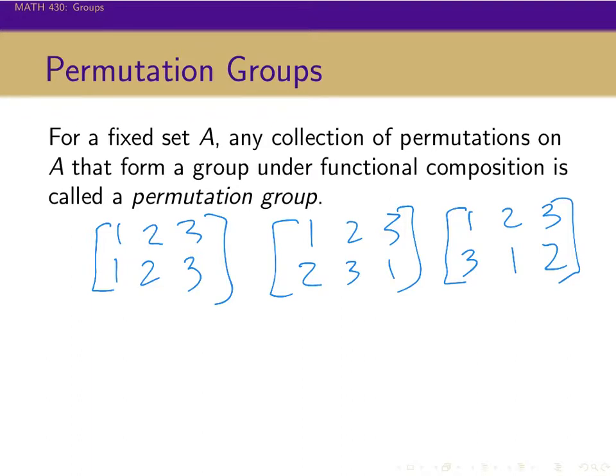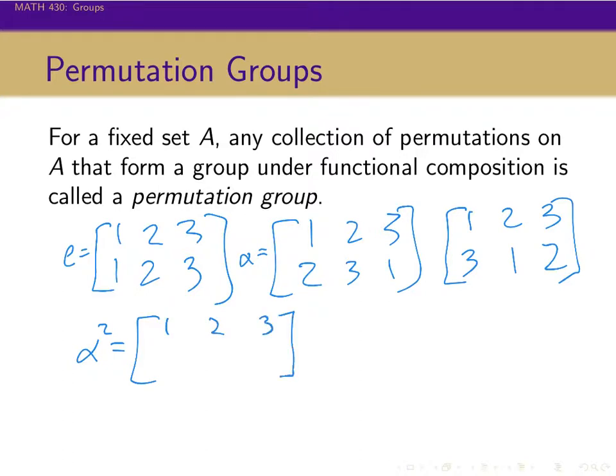In fact, if we apply, let's call the second one alpha, and the first one will be E for the identity. For alpha, if we apply alpha to itself twice, what do we end up with?